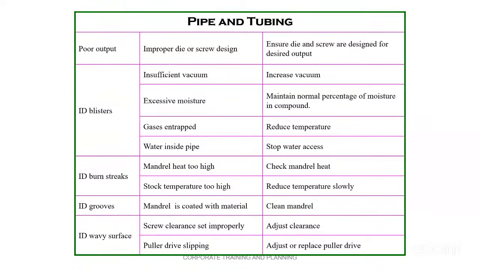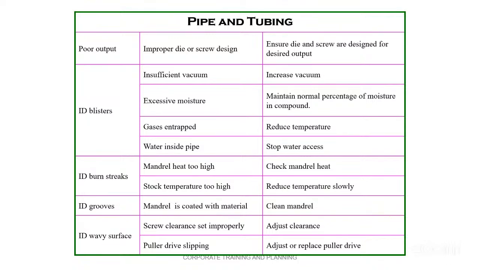These are the remedies for that. Generally, the troubleshooting is the same for pipe and tubing, friends. Then excessive moisture: maintain a normal percentage of moisture. Gases entrapped: reduce the temperature. Water inside the pipe: stop water access. These are the remedies for that.